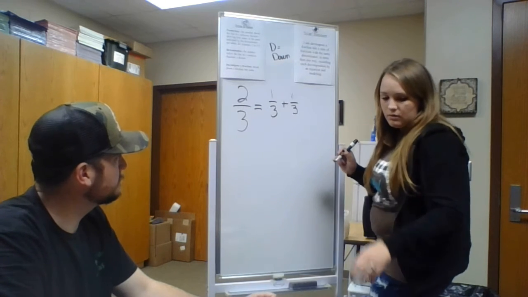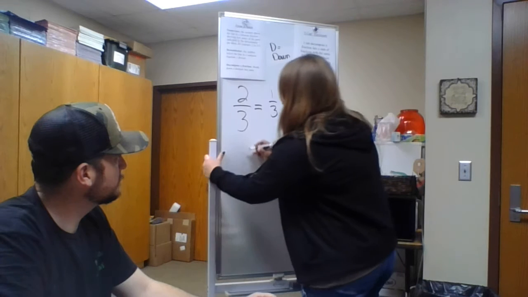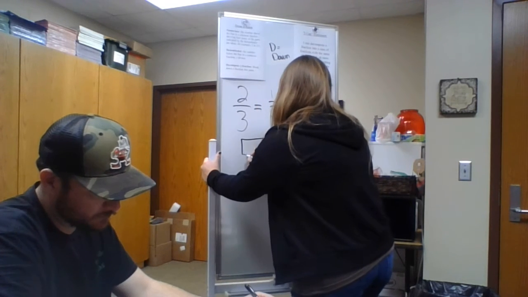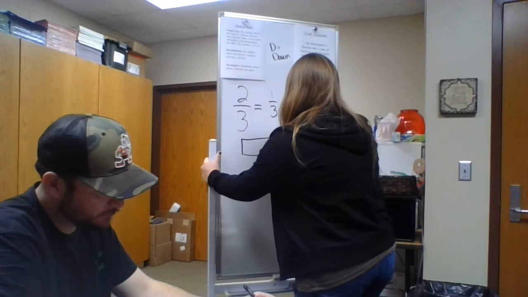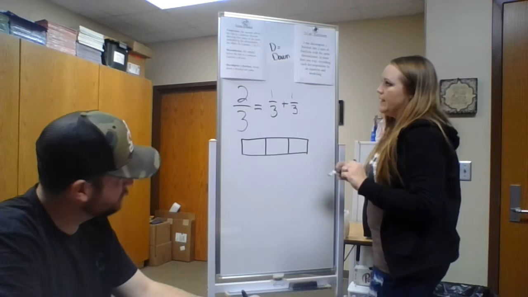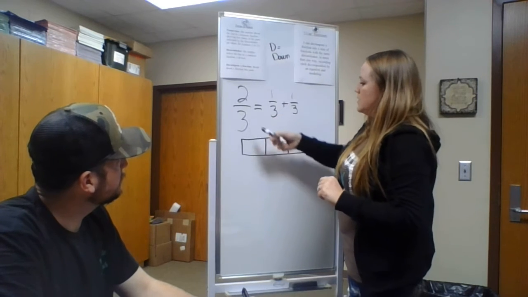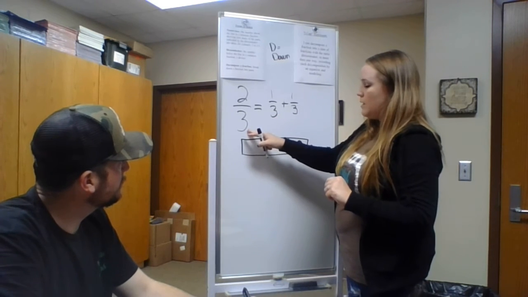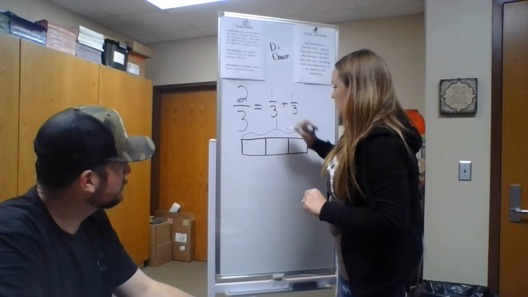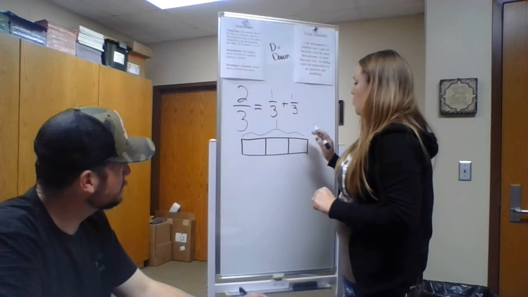The way that we would model this, and you can see this on your worksheet as well, is to draw our model. Like it said up here with terms to know, the denominator is how many pieces of the whole. So this whole thing right here is 1. It is the whole.